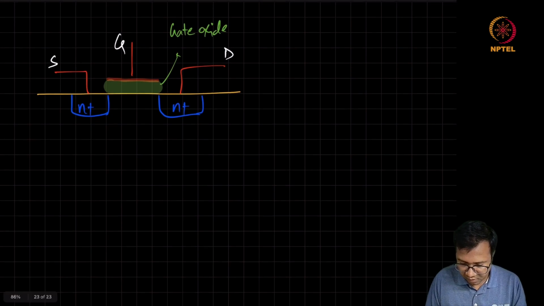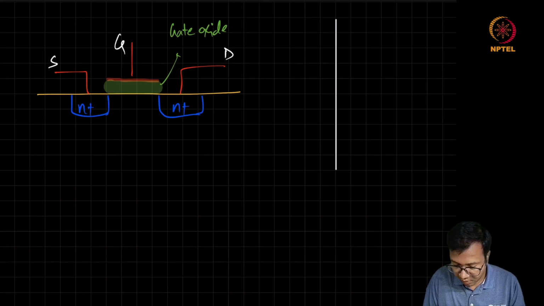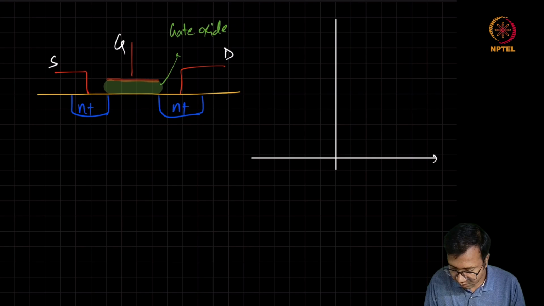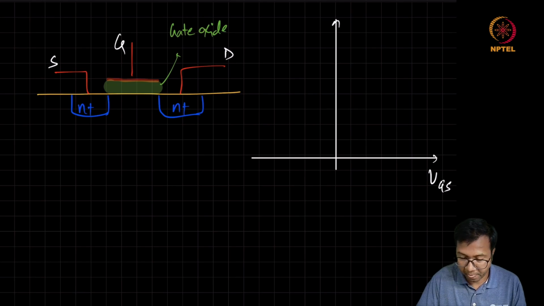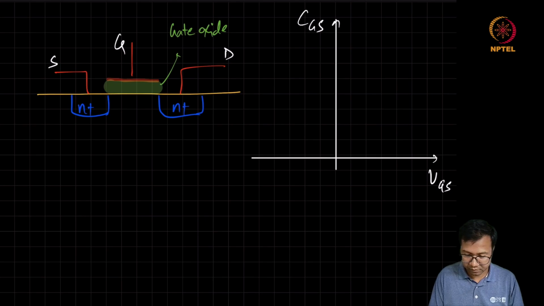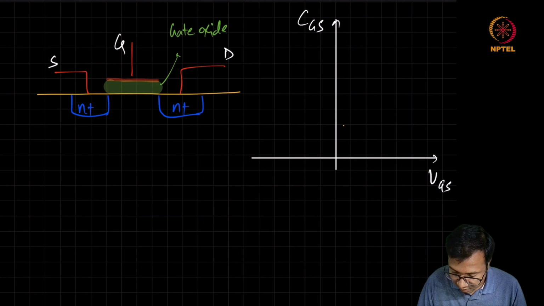We know that if we apply gate bias, this VGS, and we try to measure the capacitance between the gate and source, this capacitance is going to be very low when the gate source bias is also low.